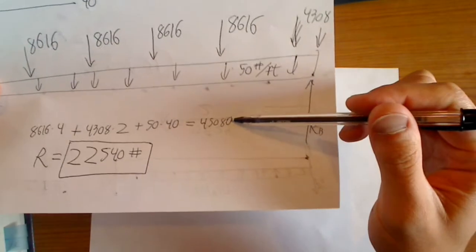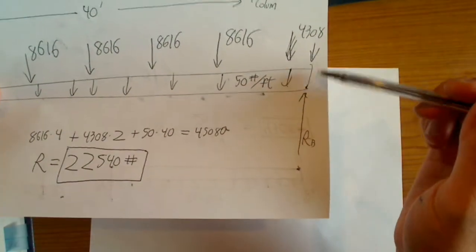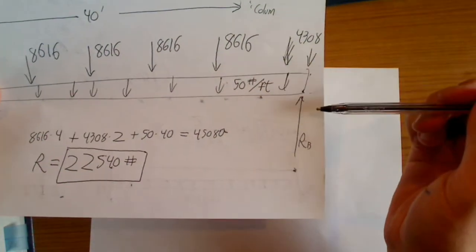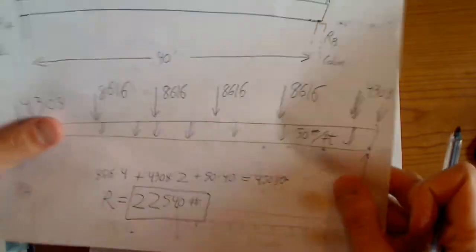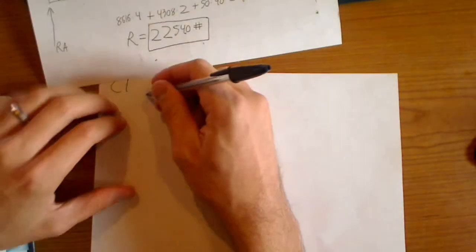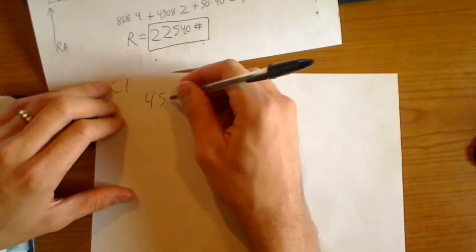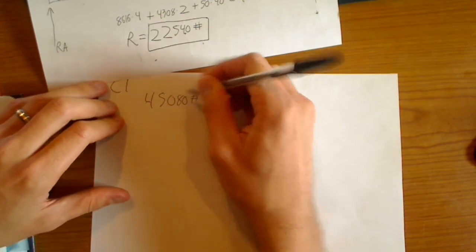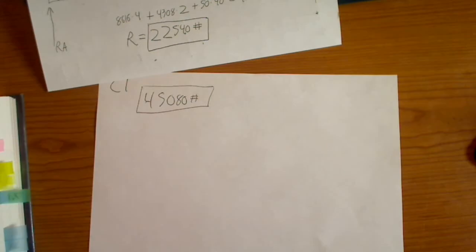So it has this reaction load here, it supports this, it also supports the next girder resting on the same column. So it'd be pretty simple to say 45,080 pounds. Not so bad.